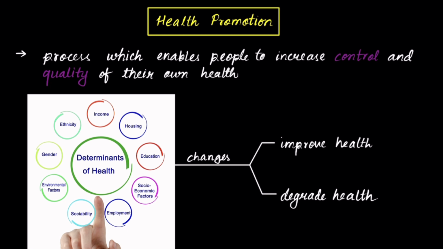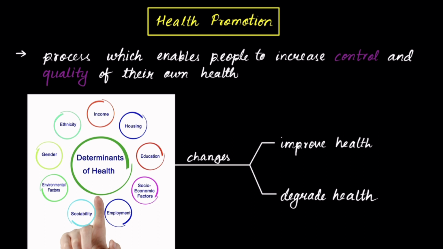So there are certain steps that you can take in order to increase control over the quality of your health. There are various factors that influence your health, and these are called determinants of health. For example, income. Let's say you are financially stable, you are able to pay for good food, pay for doctor visits, pay for timely checkups. Whenever you suffer from a disease, you can go visit a hospital and get an appointment easily.